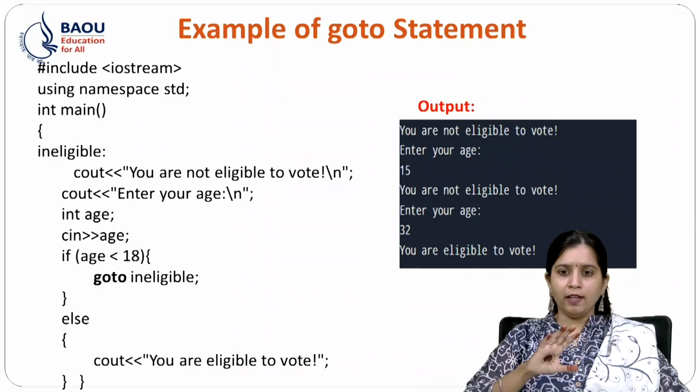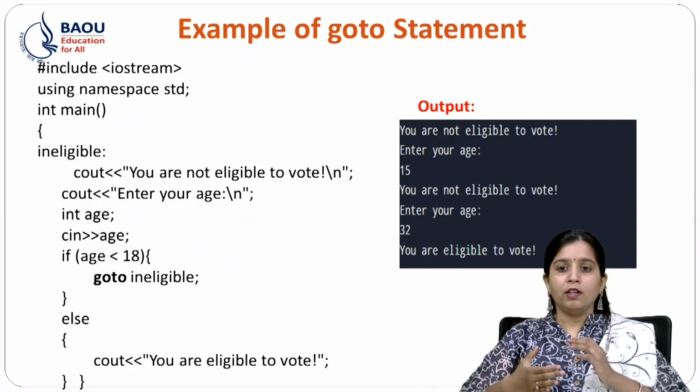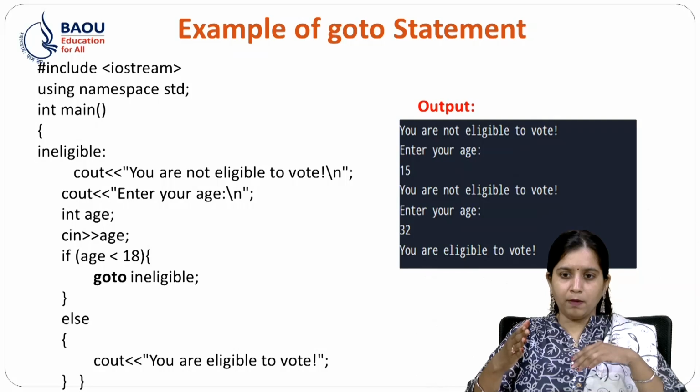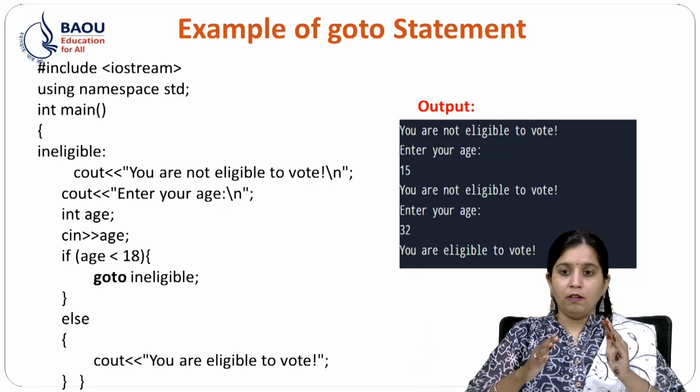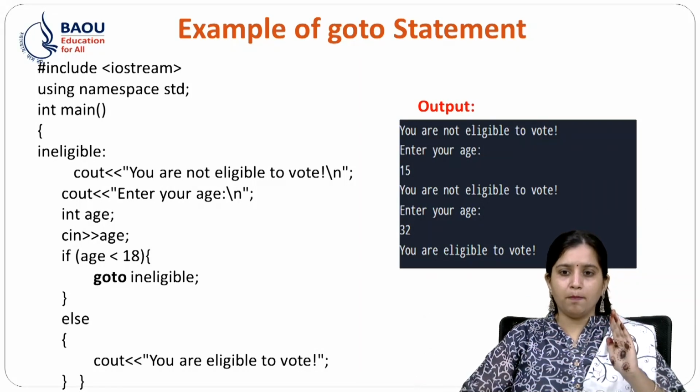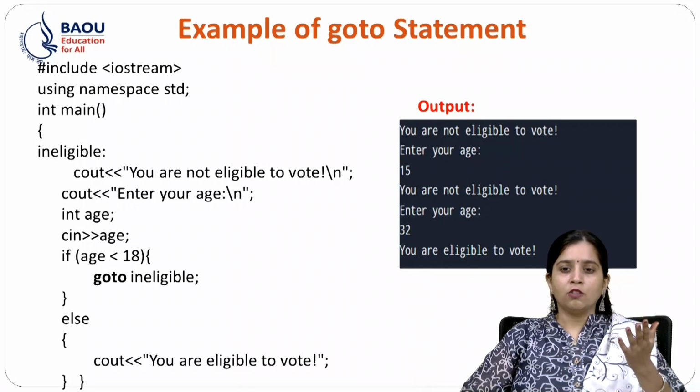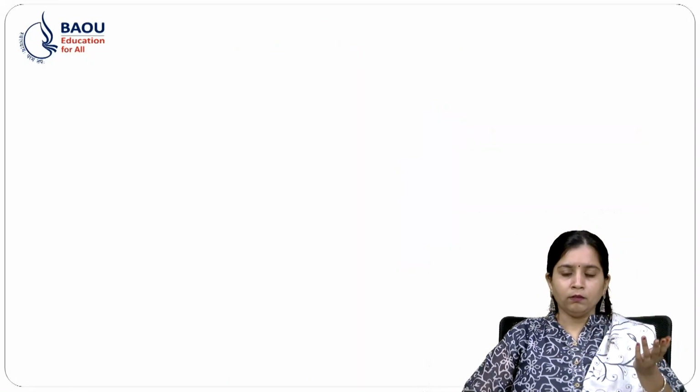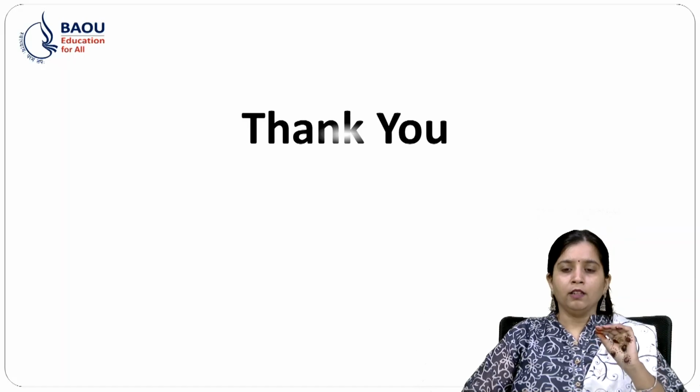So these are the unconditional branching statements, and I hope now you get the idea about decision and control statements in C++. We have so far learned about the if statement, types of if statements, the switch statement, and then for loops and the usage of while and do while loops.